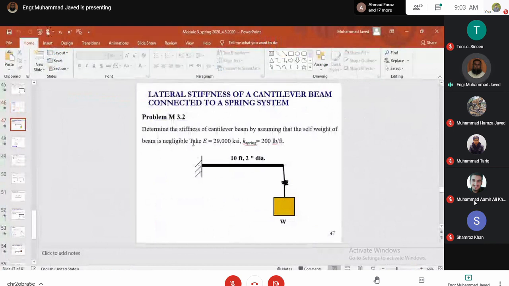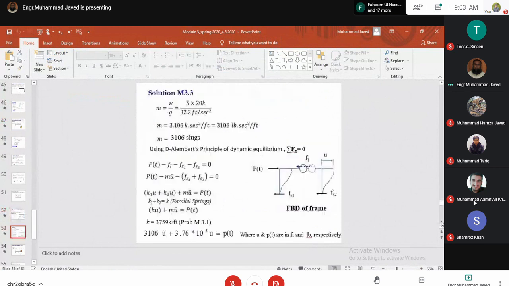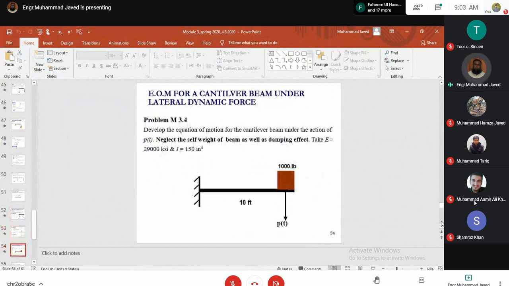Now the equation of motion in problem 3.2, we will find the equation of motion for the system whose... Now develop the equation of motion for the cantilever beam under the action of P of t.